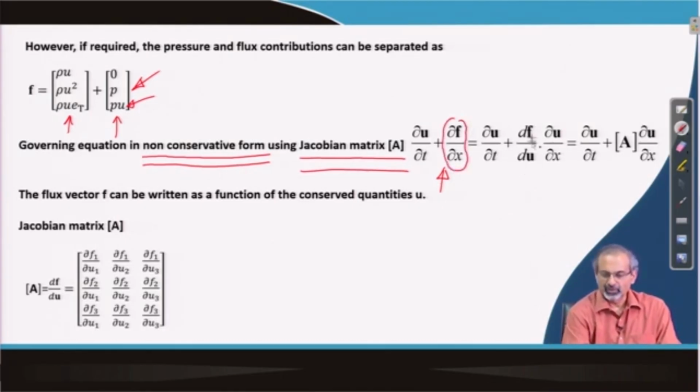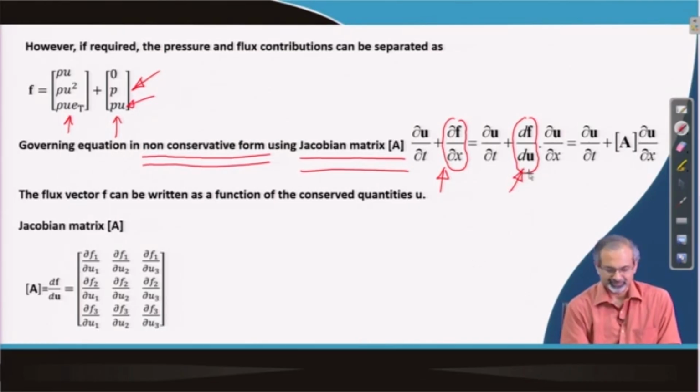So, we split it into two portions, one is df du, and then we multiply it with del u del x, and we call this as the Jacobian matrix. Now, remember that both f and u are vectors.